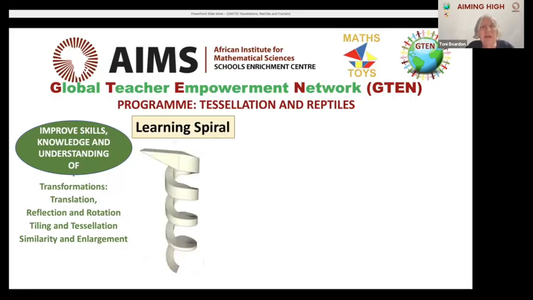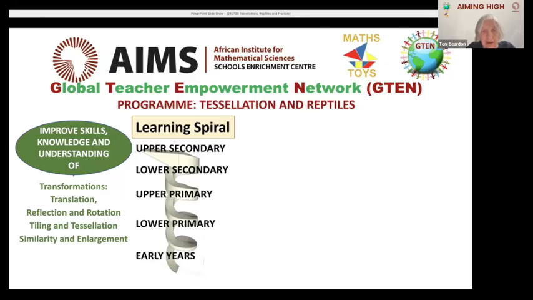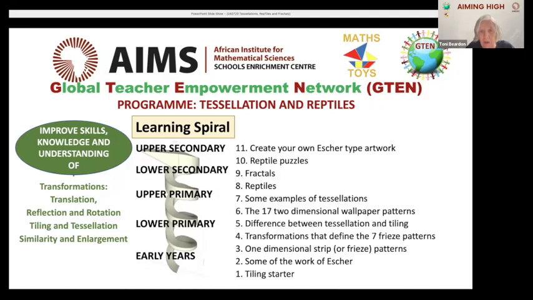Now, we always think in these workshops about a learning spiral from early years to leaving school. In fact, throughout our lives, but we're focusing as teachers on the 12 or 13 years spent in school. And so here we start off at the bottom, numbering 1 to 11 upwards, looking at something very, very simple, which is called a tiling starter, that you can do with the youngest, sort of 6, 7-year-olds.